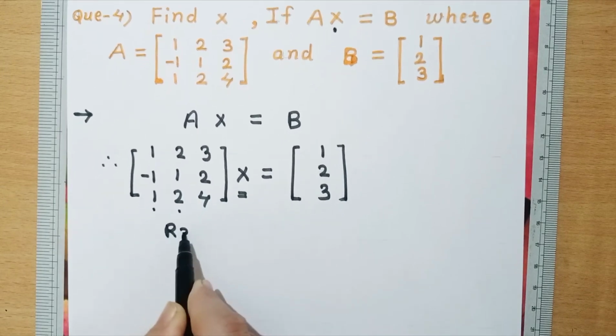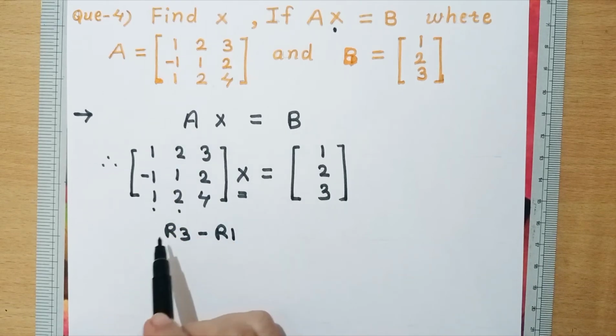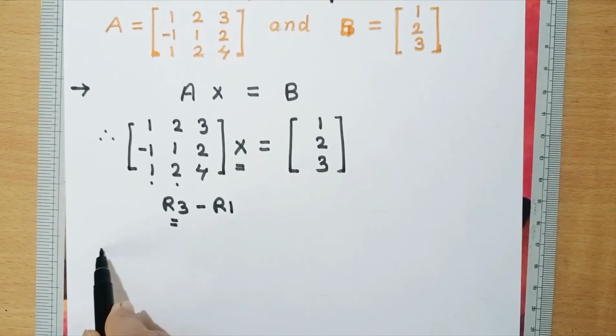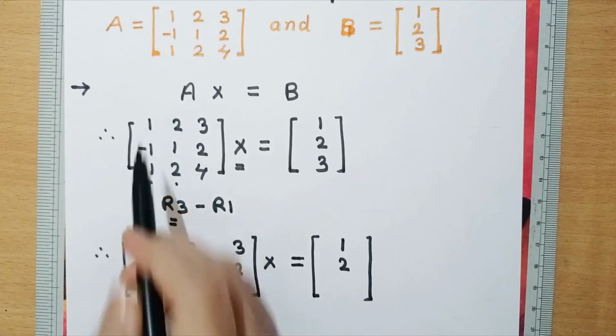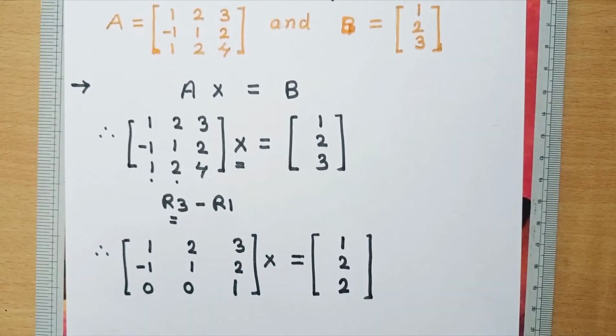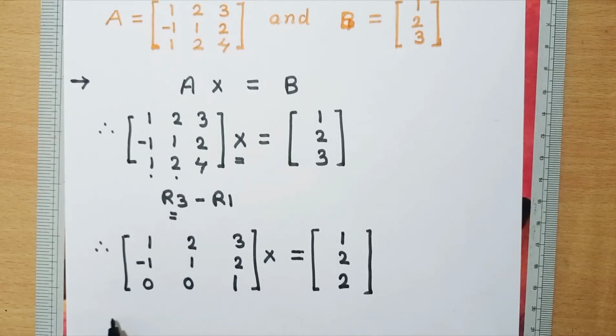So we will use R3 minus R1. That means first and second row as it is. There is only change in R3. So now R3 minus R1. So 1 minus 1, 0. 2 minus 2, 0. 4 minus 3, 1. 3 minus 1, 2. Now again we will make this element 0 and therefore we have R2 plus R1.